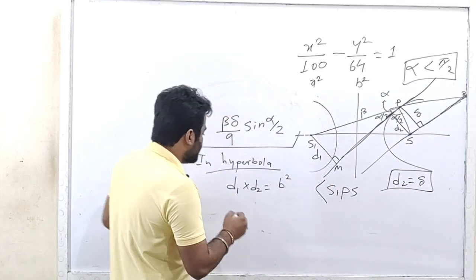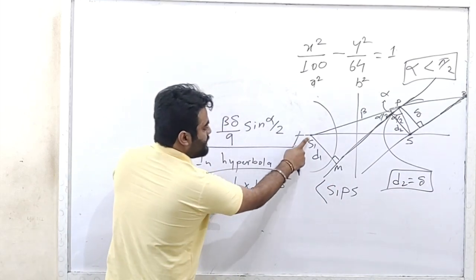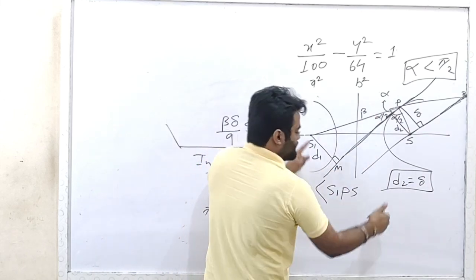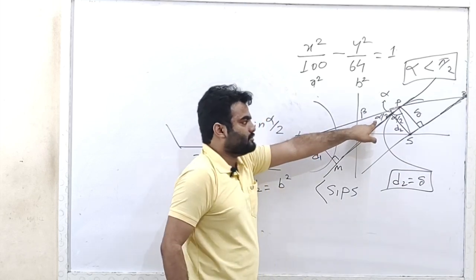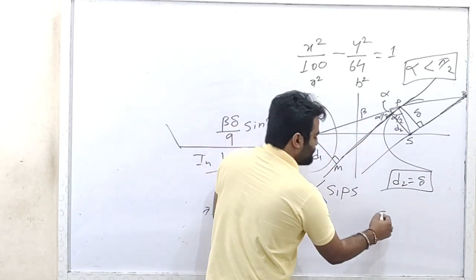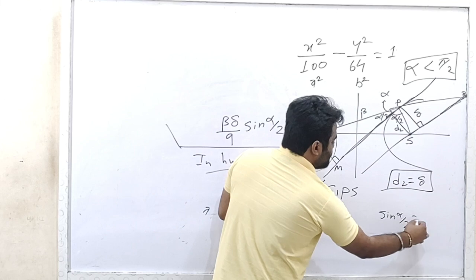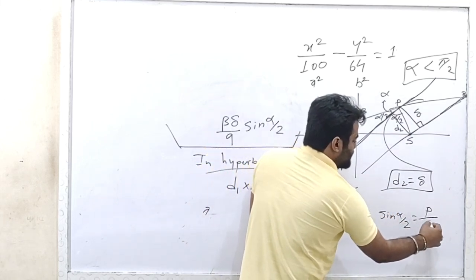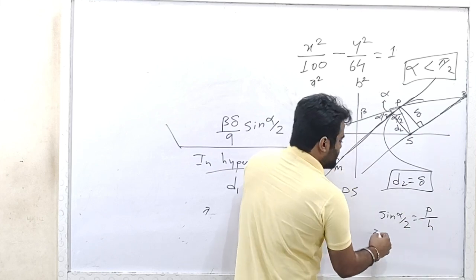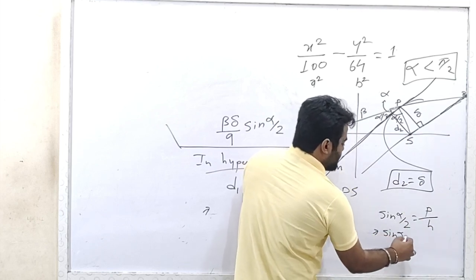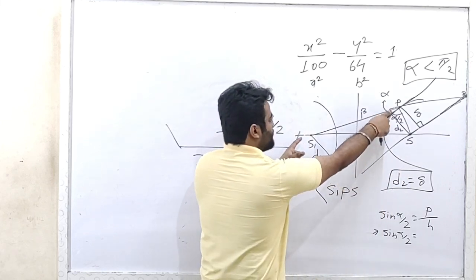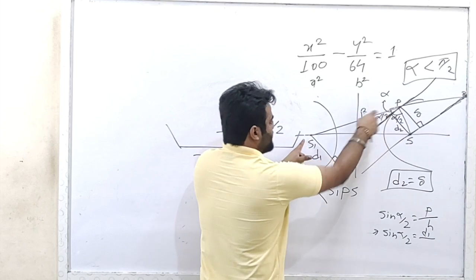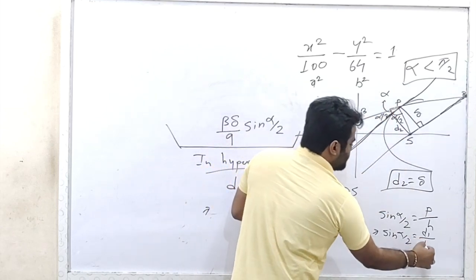Now we can see here that this d1 is S1M, and for this sine alpha by 2, the trigonometric ratio is p by h, right? So sine alpha by 2 becomes p, which is d1, upon the hypotenuse S1P, that is beta.